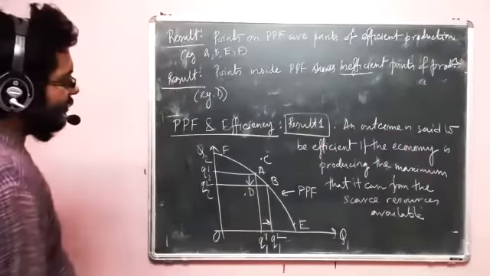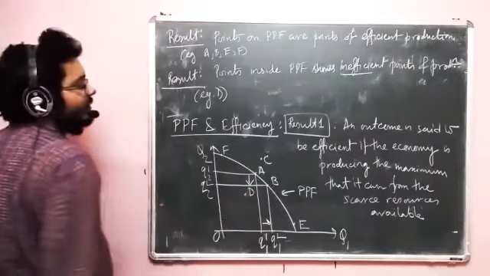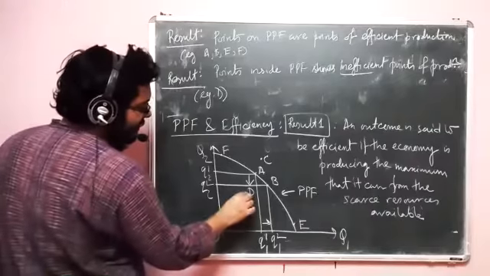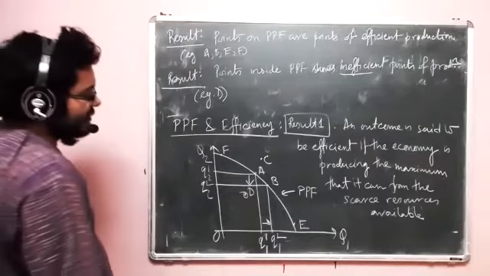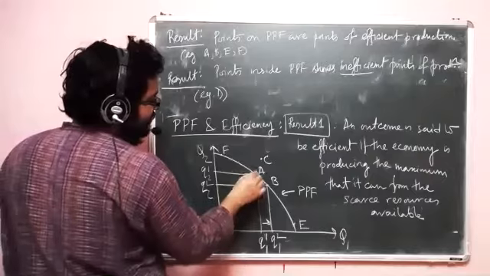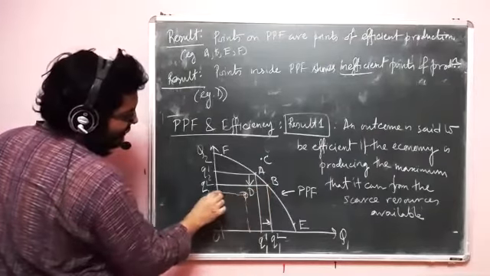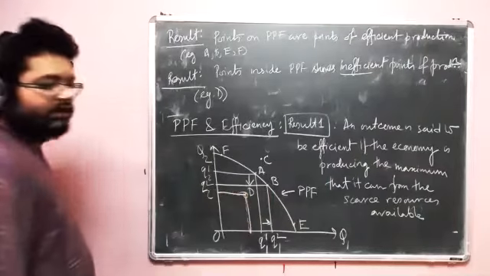Okay. Now, why is it inefficient? Because this D, okay, you can produce D obviously, but look at this. This D can be produced with a lower level of inputs also, right? So given the inputs, you can produce something like A or B, but compared to A and B, you are producing both lower Q1 and lower Q2.